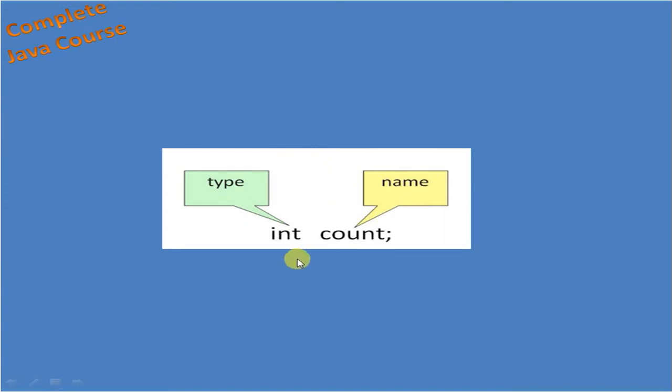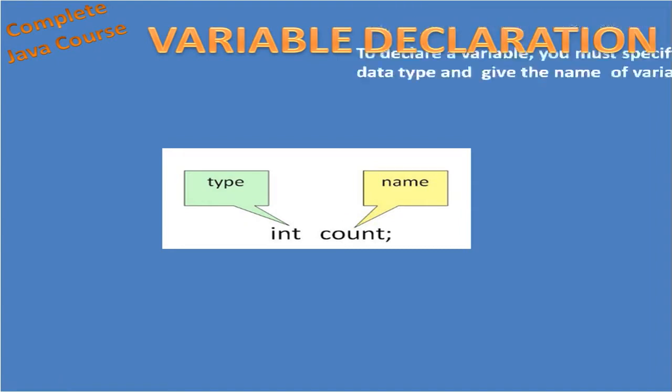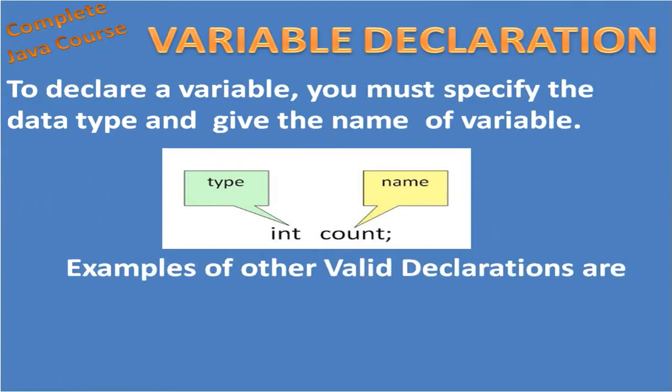Here you can see that int is a data type and count is the name of the variable. This is called the variable declaration. To declare a variable, you must specify the data type and give the name of the variable.